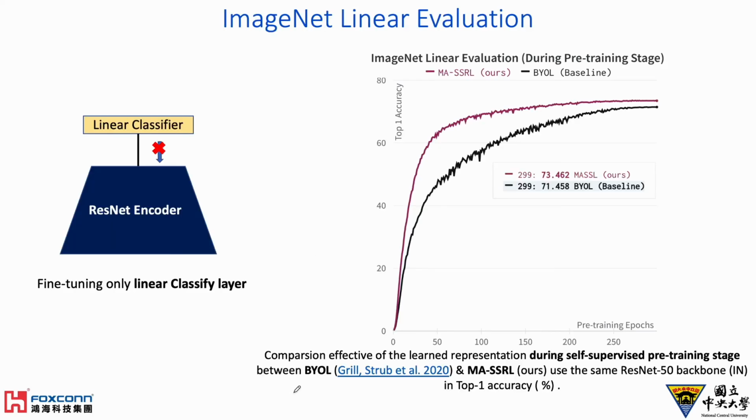In linear evaluation, we take the pre-trained encoder, like the one I showed in the framework. It can be a convolutional neural net, a transformer, or a different type of neural net. We freeze the encoder and add a new linear classifier, where the number of neurons equals the number of classes in our dataset.